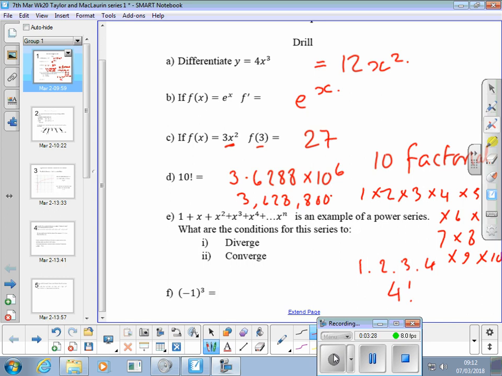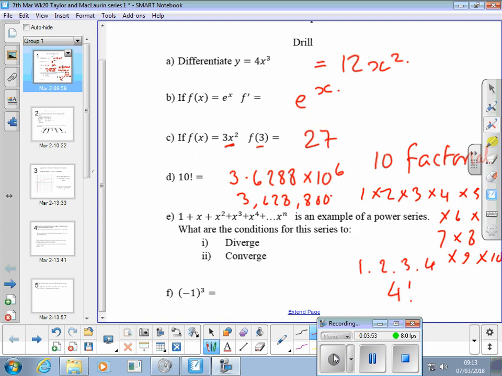So instead of writing it as a number, we'll write it as 4 factorial, more succinct. There's a pattern to the series, and once you know what 2 or 3 are, you can just carry the pattern on. Alright?